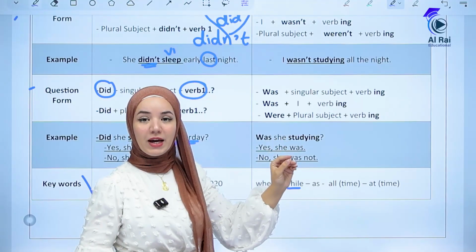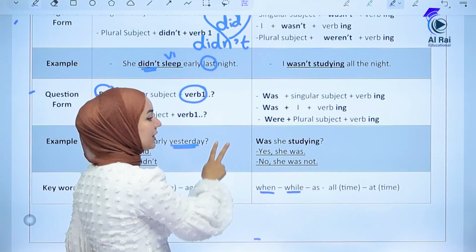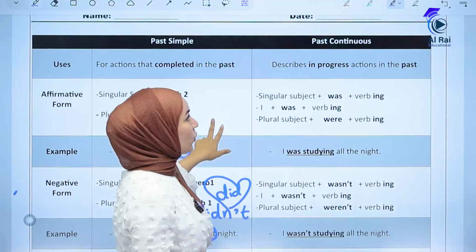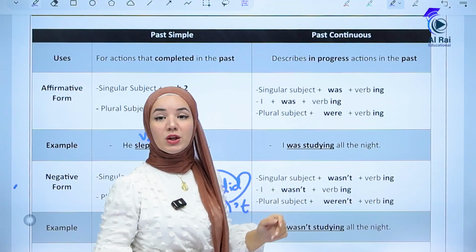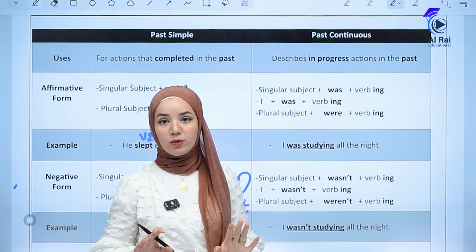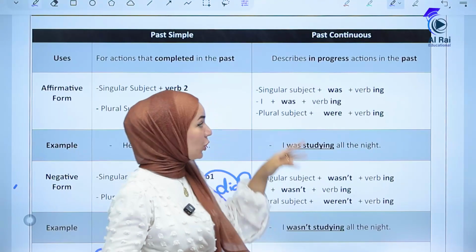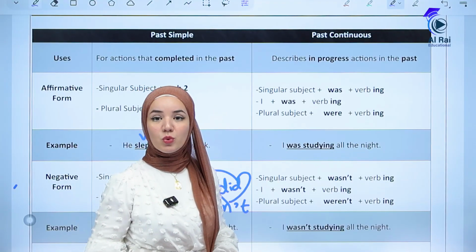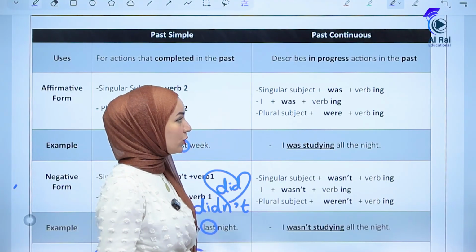So here, I need to find these keywords to be sure that I'm talking about past continuous. Now, let's see the forms of past continuous. With past continuous, we use helping verbs in affirmative, negative, and question forms. So we need the helping verbs with all the forms. Which helping verbs are we going to use here?